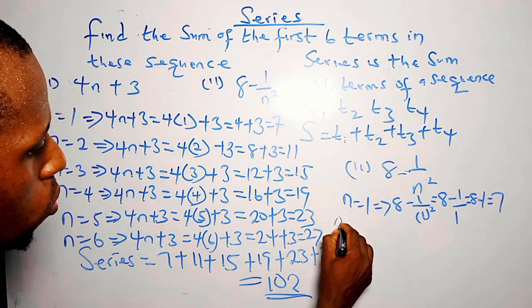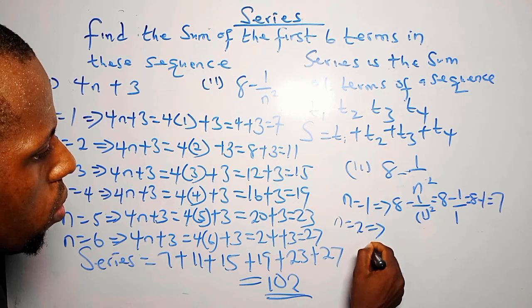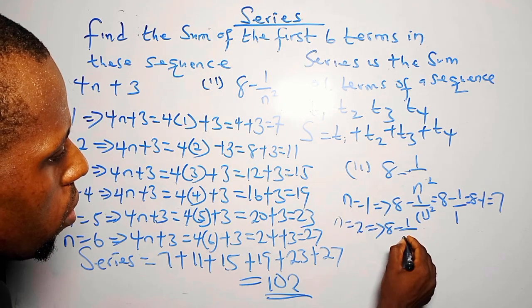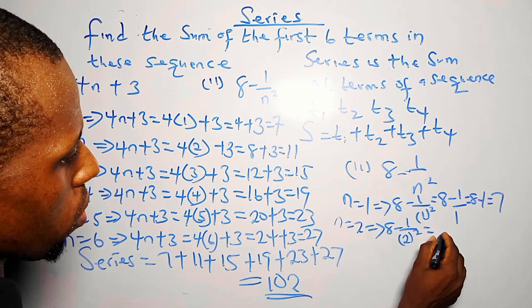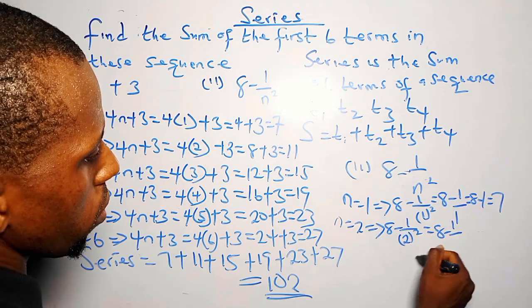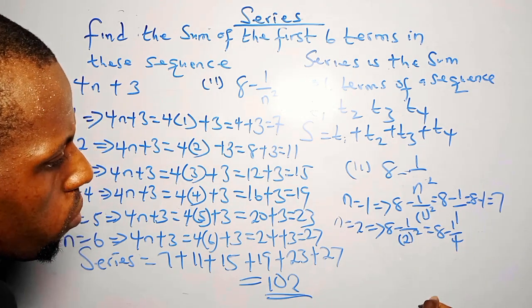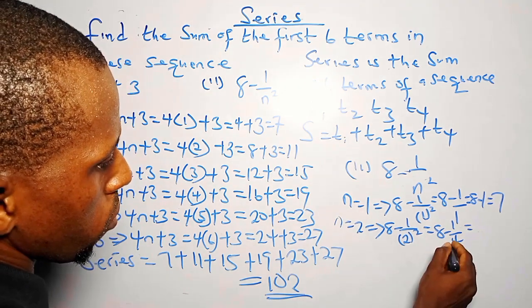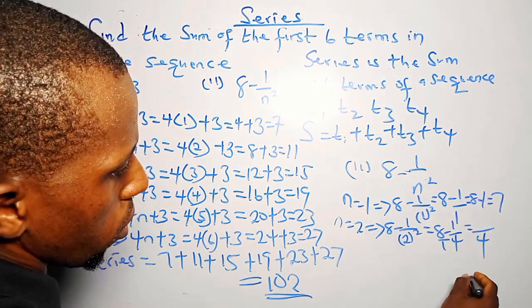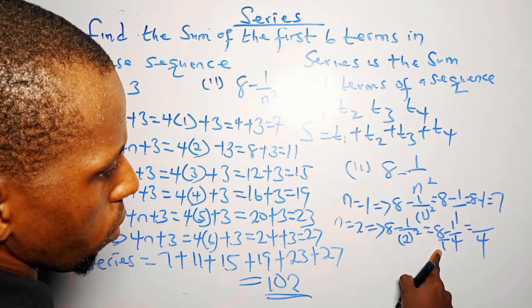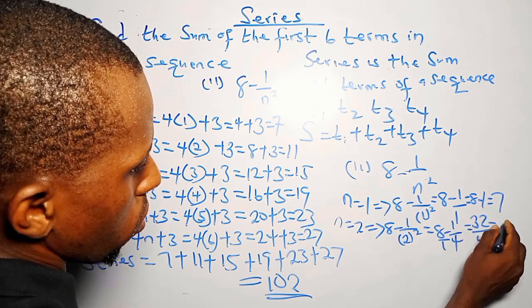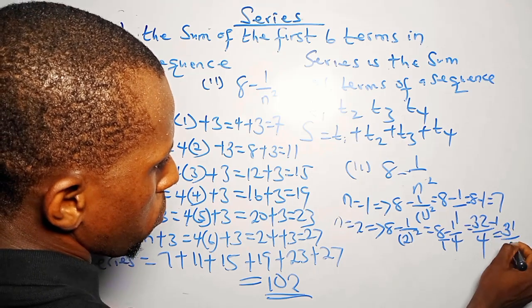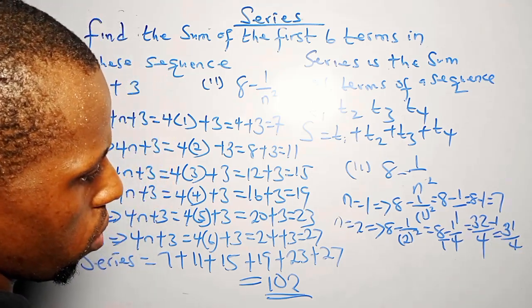And when n is 2, we have 8 minus 1 divided by 2 squared. 2 squared is 4. So 8 is 32 over 4, minus 1 gives 31 over 4.